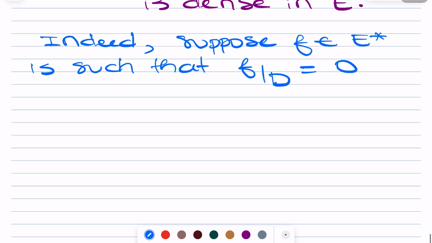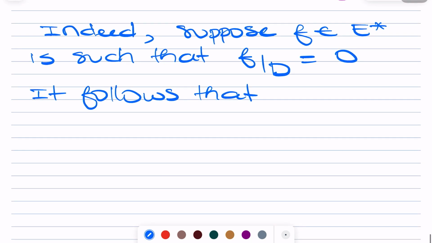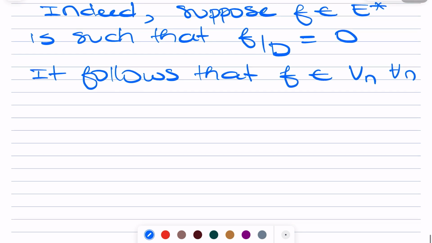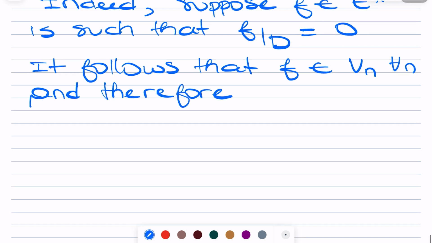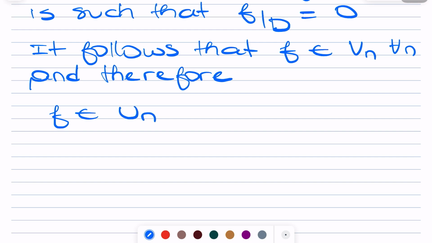So it follows, of course, that f is in Vn for every n, because f restricted to G is equal to 0, and 0 is less than epsilon n anyway. So f is in Vn for every n, and therefore f is in Un, because we know that Vn is contained in Un, so that f vanishes identically, so f is actually 0.